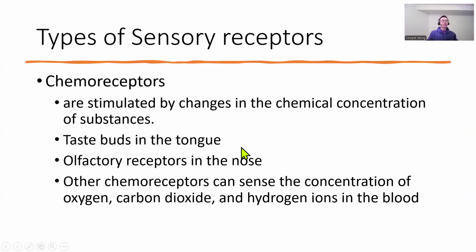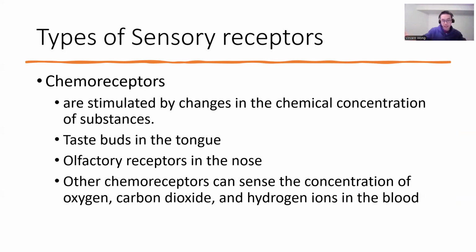All right, I digressed. We were talking about different kinds of receptors, right? Mechanoreceptors, thermoreceptors, nociceptors, and now we have chemoreceptors. Chemoreceptors are stimulated by changes in chemical concentration of a particular substance.